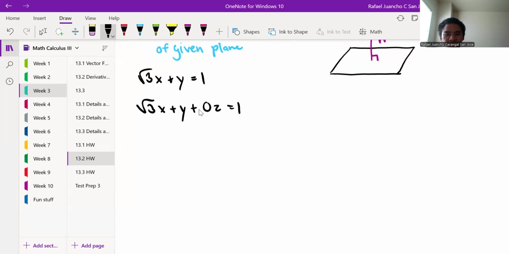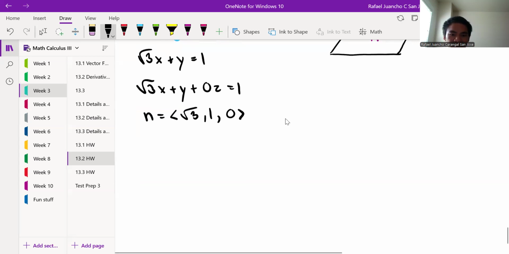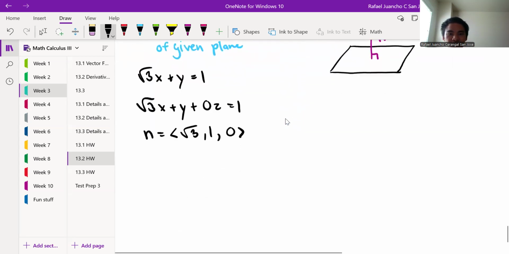And from there we have our normal vector, which has square root of 3, 1, 0. Here we just look at their numerical coefficients. Done.